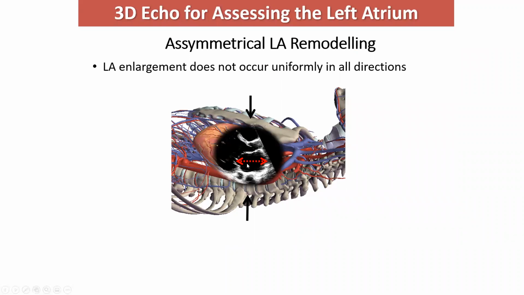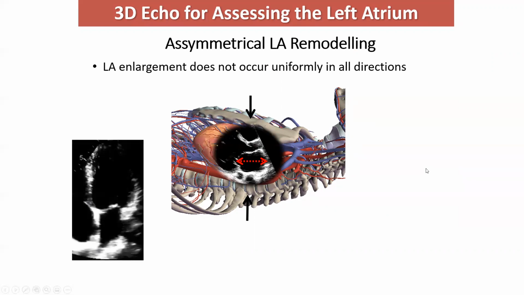And for many years, we were actually in our own laboratory making these superior to inferior dimensions, and we would sometimes call left atrial enlargement if there was enlargement along the superior to inferior axis. But we have a much better way of doing this now.